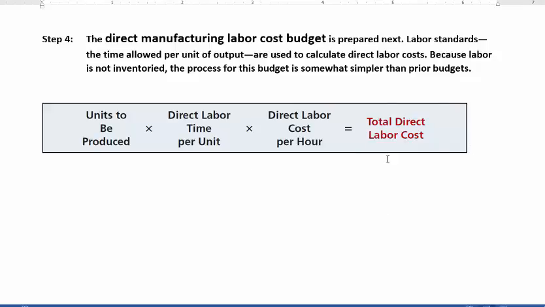The total direct labor cost here is also going to show up on our cash budget because we've got to figure out when we're going to be paying those people. All right, so we're going to consider that number and put it on our cash budget.